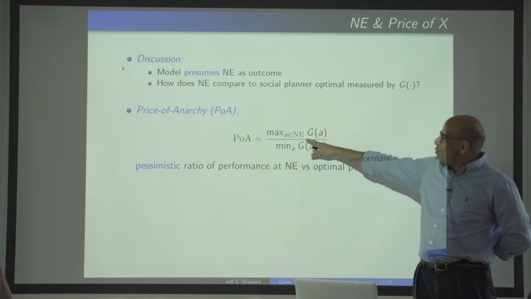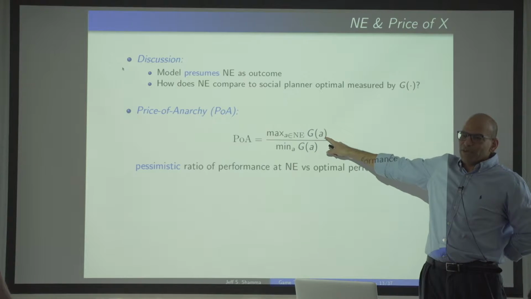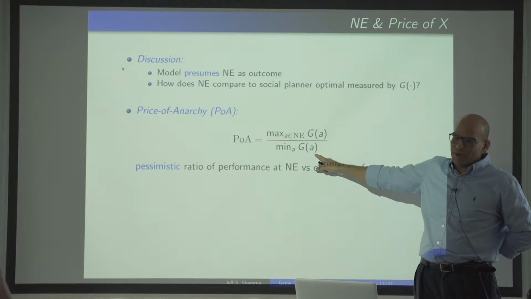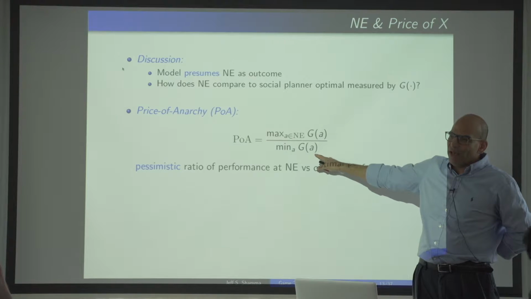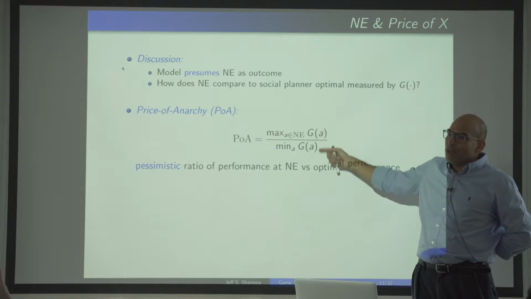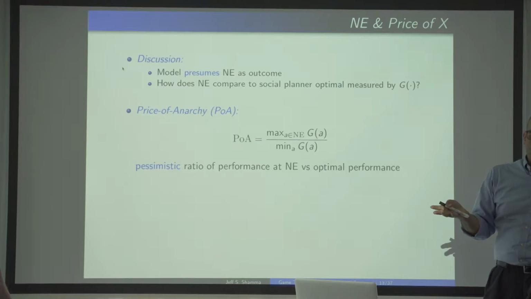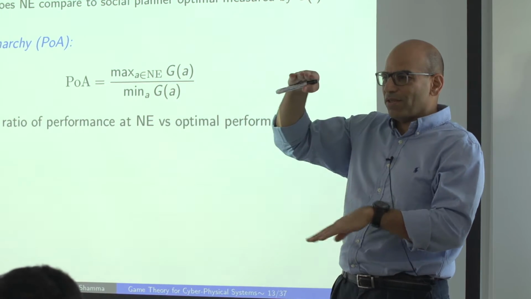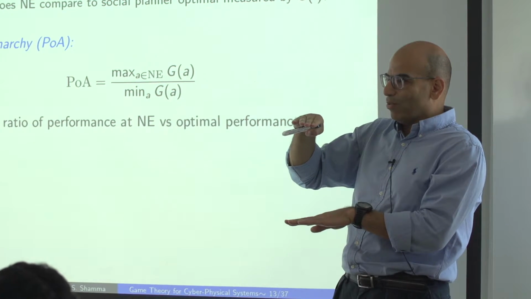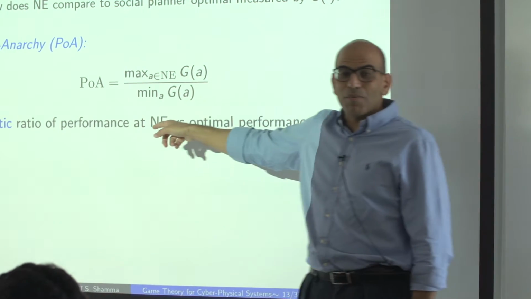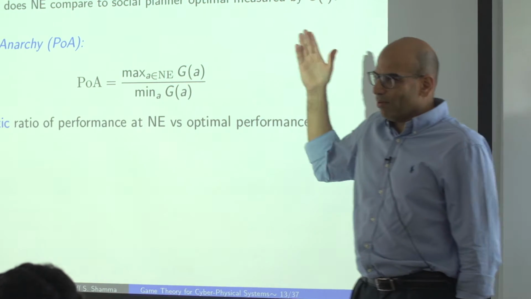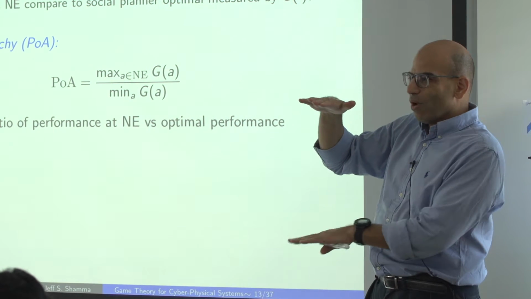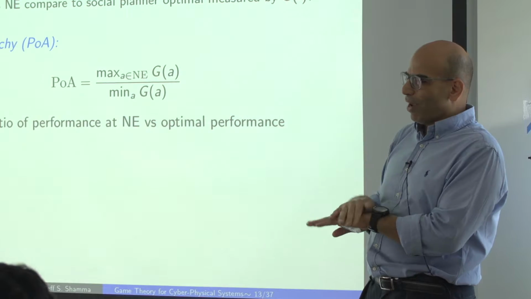What is the cost at a Nash equilibrium versus the cost that a central commander would experience if the central commander could order everybody what to do? The bigger this ratio is, the worse off we are, because this says that self-organizing agents might have a larger cost than what a central commander would do. Which Nash equilibrium, since there might be lots of Nash equilibria? Pick the worst one. So what is the worst case Nash equilibrium outcome versus what a central commander would have done? That's called the price of anarchy.